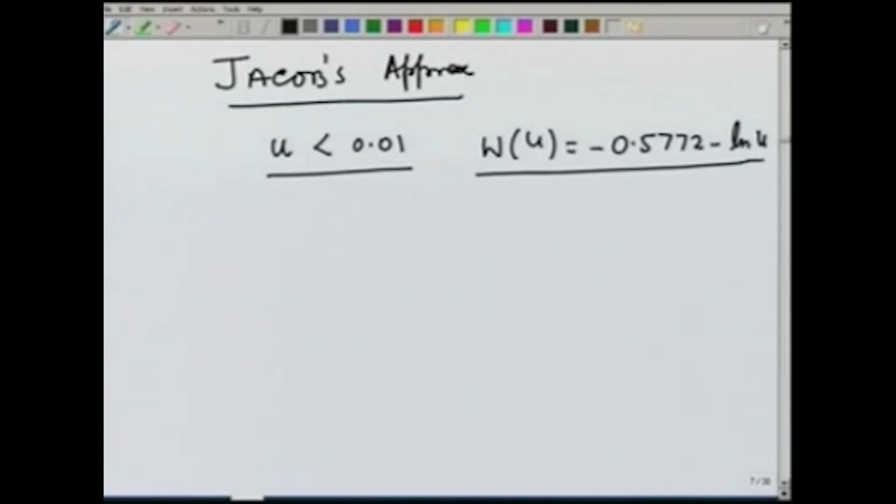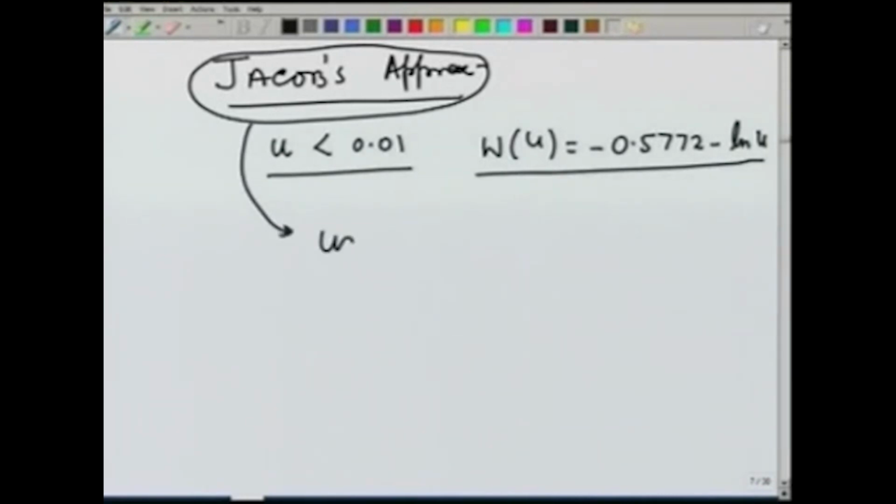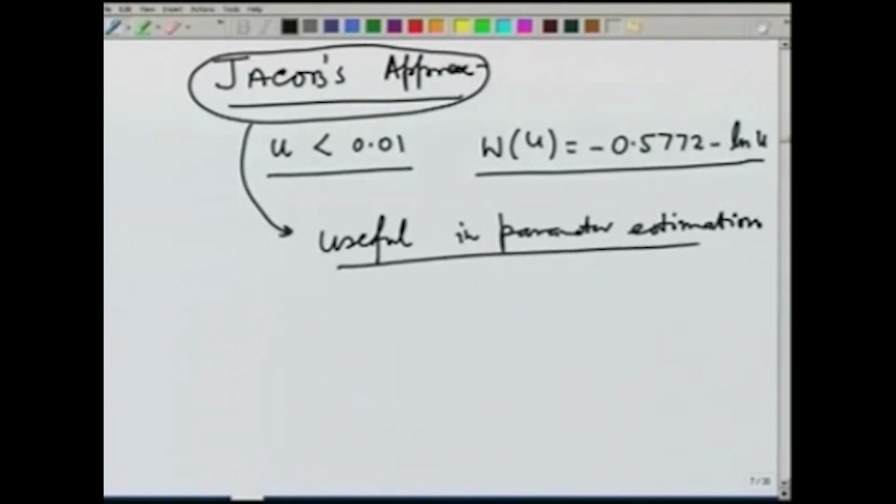And this approximation is very useful in deriving or estimating the parameters. Parameter estimation means estimating the values of storage coefficient S and transmissivity T.